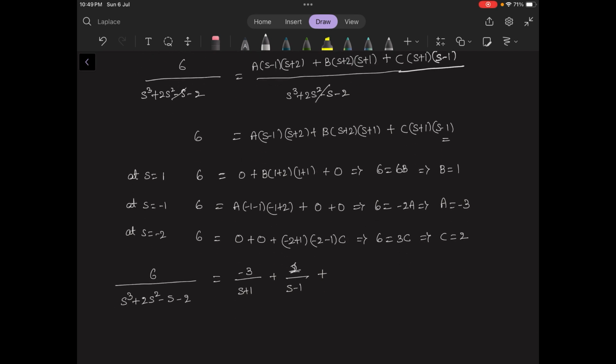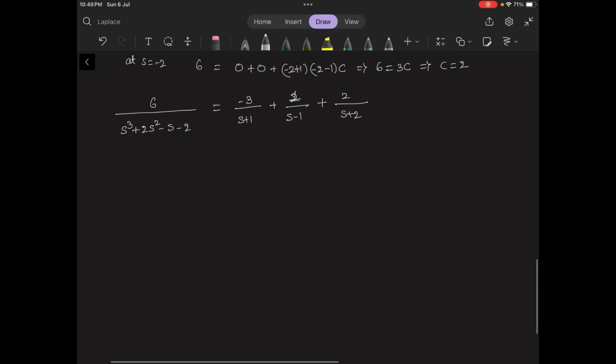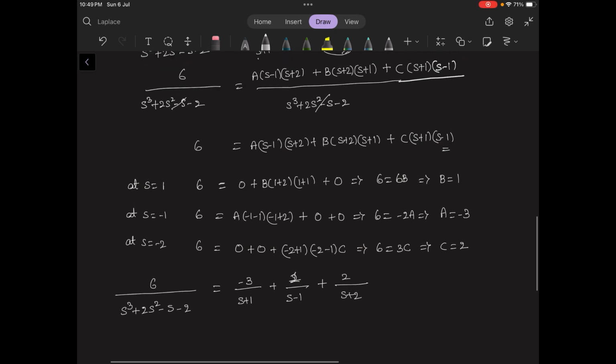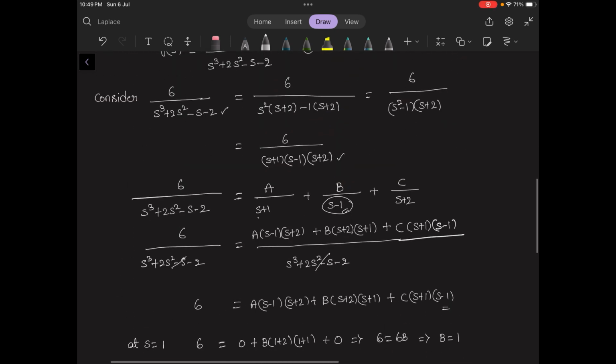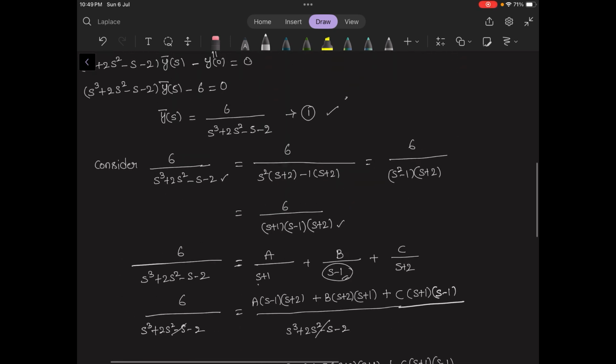So that means 1 divided by s minus 1 and 2 divided by s plus 2. So the a value is minus 3, b value is 1 and c value is 2. Now I am going to substitute in equation 1. So what is equation 1? This is your equation 1.